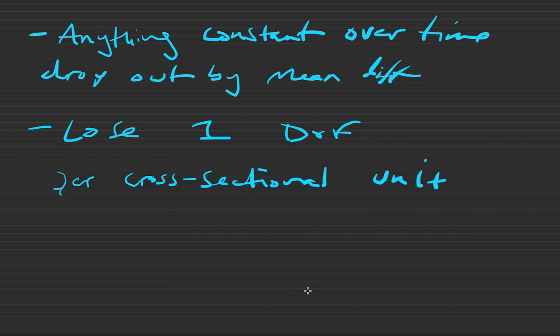We also lose the intercept, if we have included one in our population regression function, by mean differencing too. So the resulting degrees of freedom are nt minus n, because we lose 1 degree of freedom per cross-sectional unit and there are n cross-sectional units, minus k for k parameters.